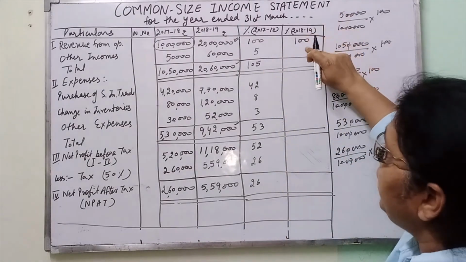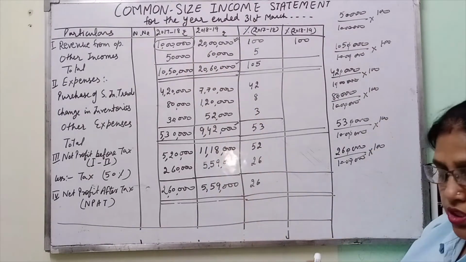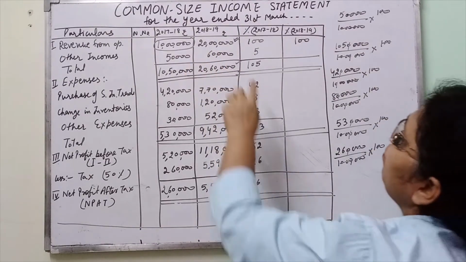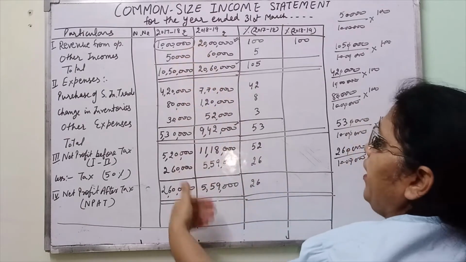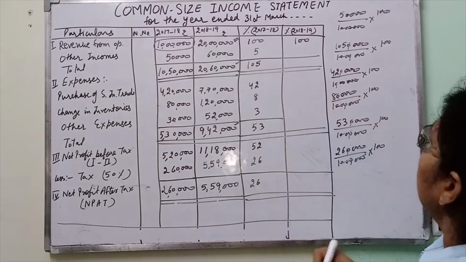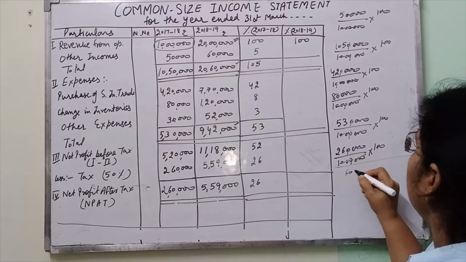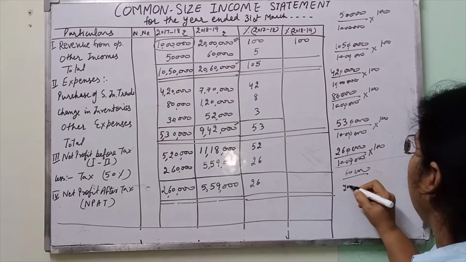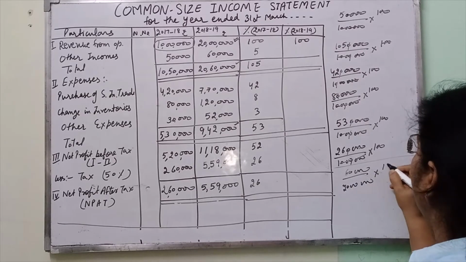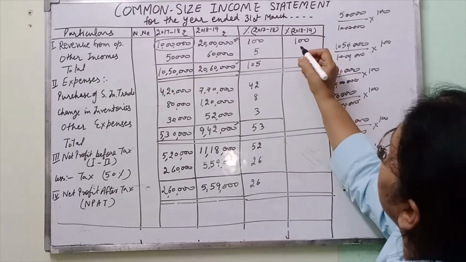Now we are calculating for the current year. For the current year, the base amount is 20 lakh and we have to calculate all other expenses or incomes on behalf of this 20 lakh. So first of all, other incomes is 60,000 divided by 20 lakh multiply by 100. It comes to 3%.